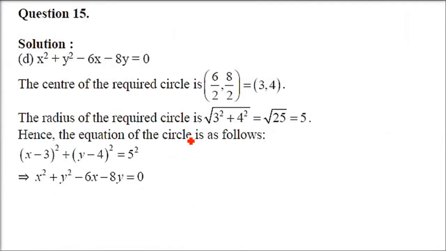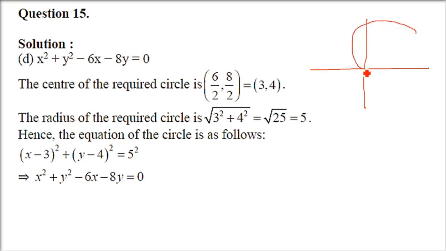This one is question number 15. The equation of the circle passing through the origin, which cuts off intercepts of length 6 and 8 from the axes, is. So this is passing through the origin and it is cutting the intercepts 6 and 8.